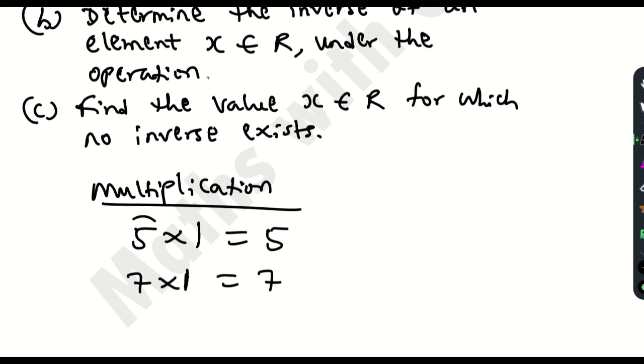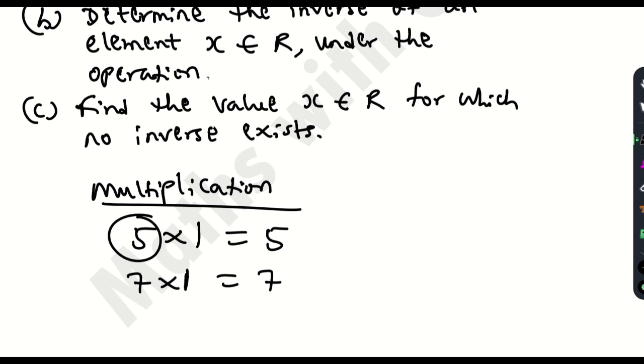Can you see that when 5 gets multiplied by 1, we have 5, and when 7 gets multiplied by 1, we get 7? So it means that 1 is the identity element, since when it is applied to 5, we got 5 back. You see, nothing was changed. 5 remained the same and 7 remained the same. You understand? So 1 is an identity element under multiplication.